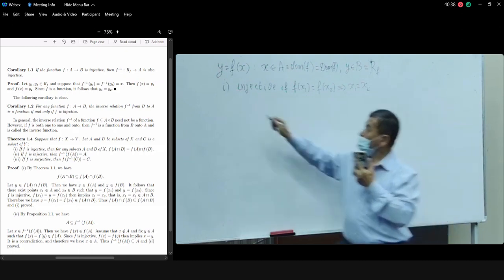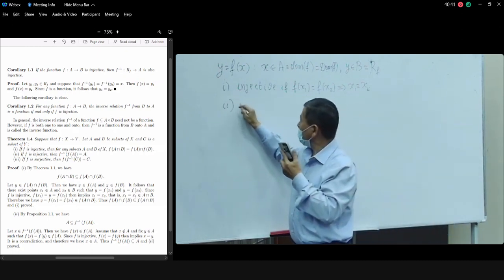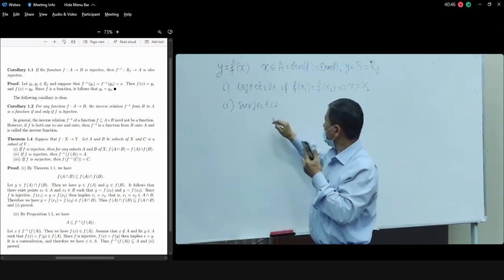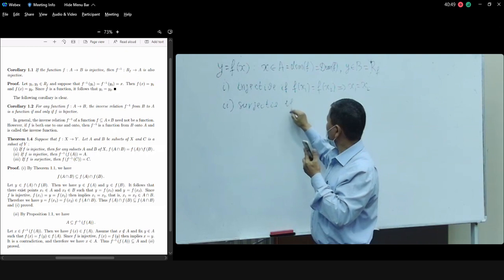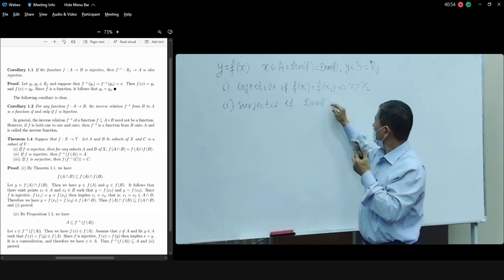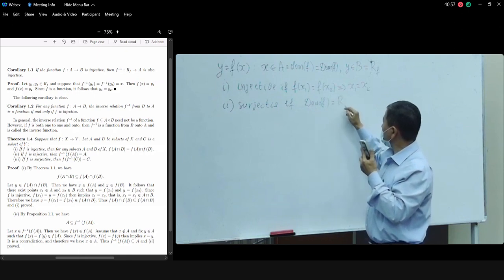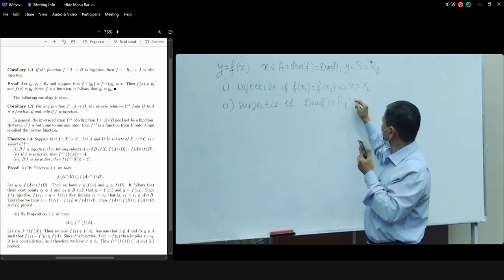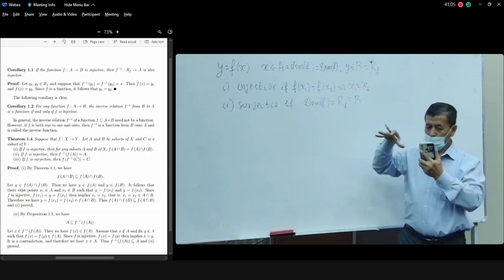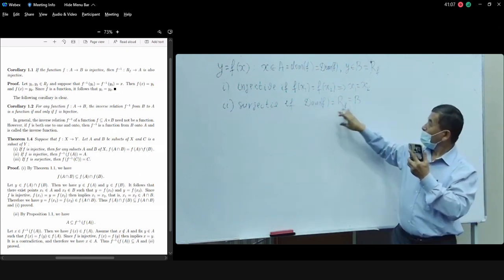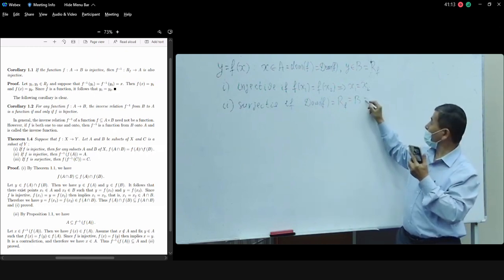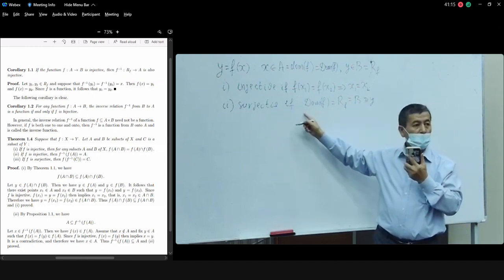But for surjective, the condition is that the range of f equals the codomain. So for surjective, the range of f should be equal to y. Actually y varies here, x varies here.